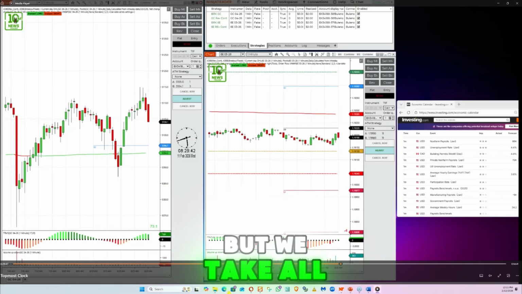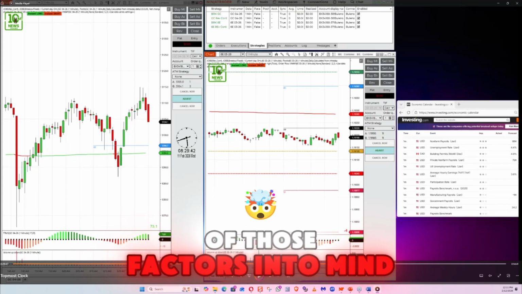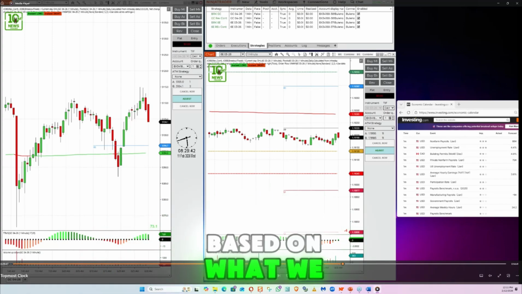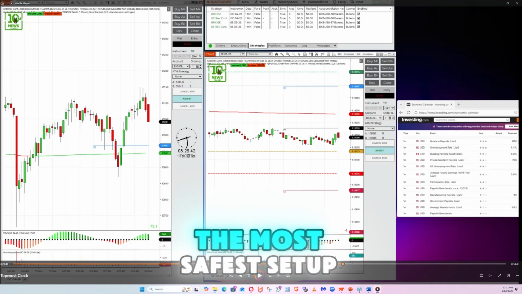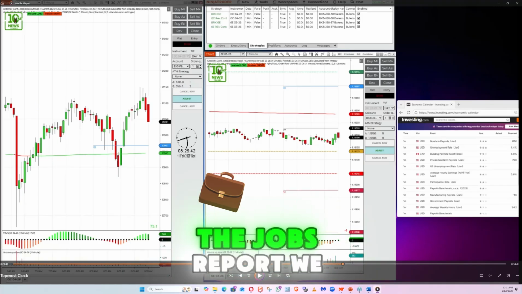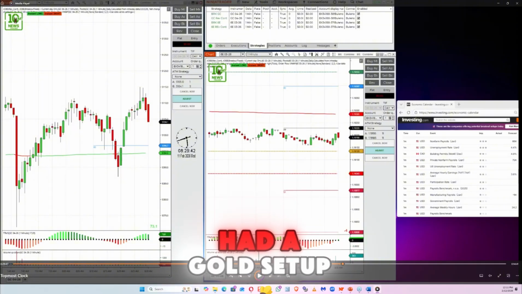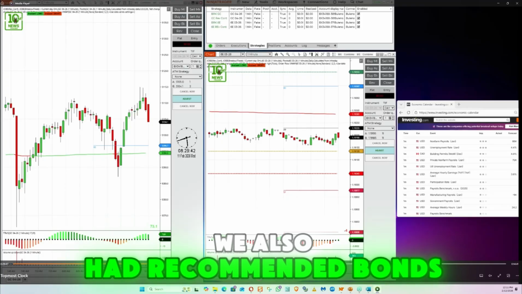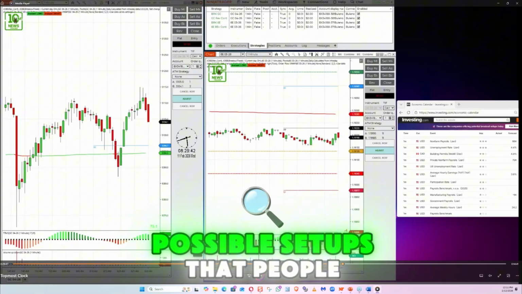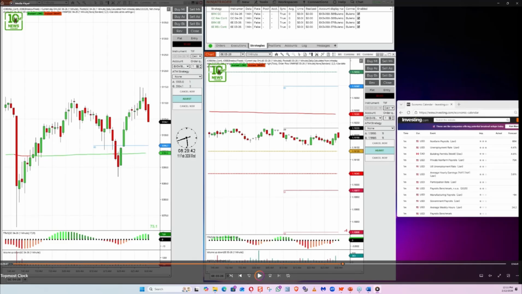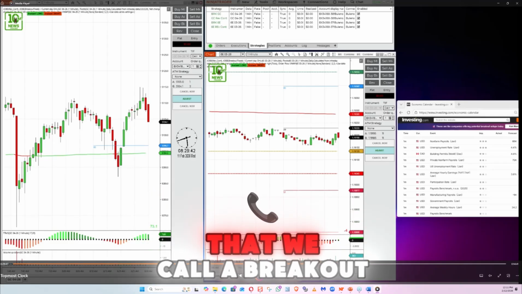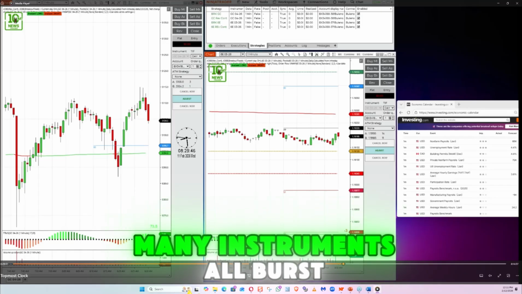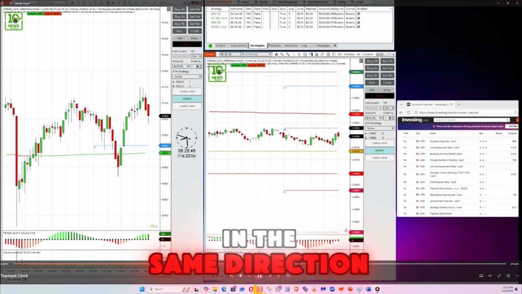But we take all of those factors into mind, and we adjust our setups based on what we think will give us the safest setup to trade the jobs report. We had a gold setup. We also had recommended possible bond setups that people were trading. And yesterday was something that we call a breakout for all, where many instruments all burst in the same direction.